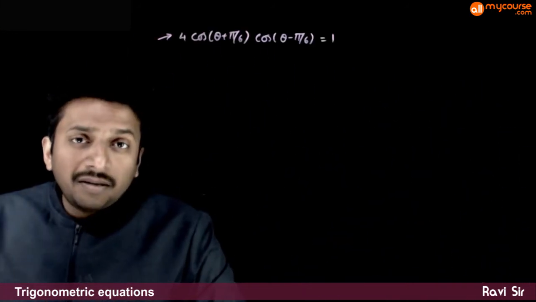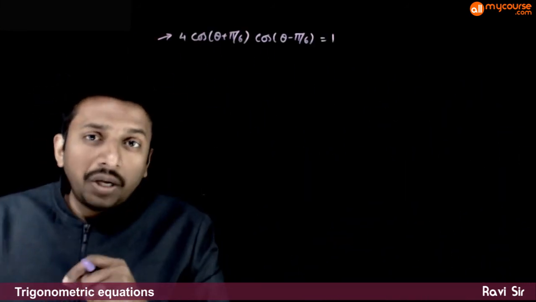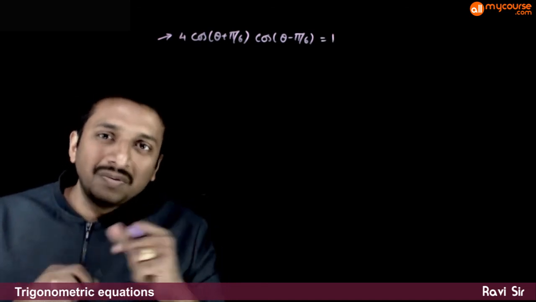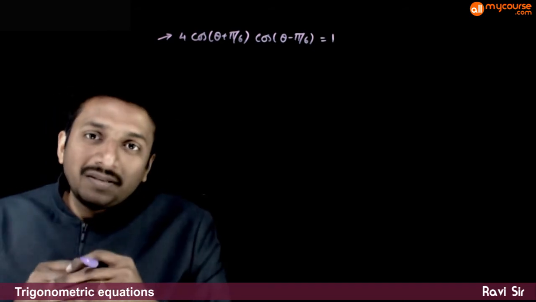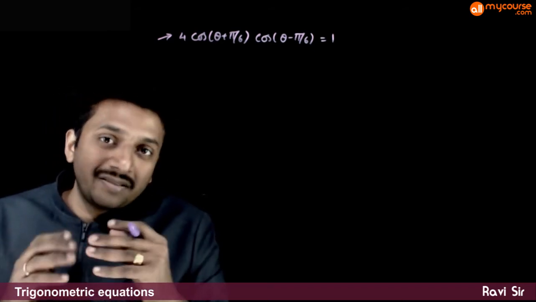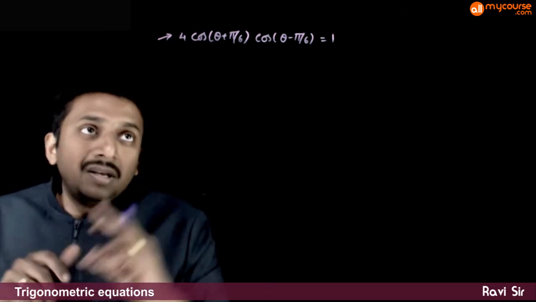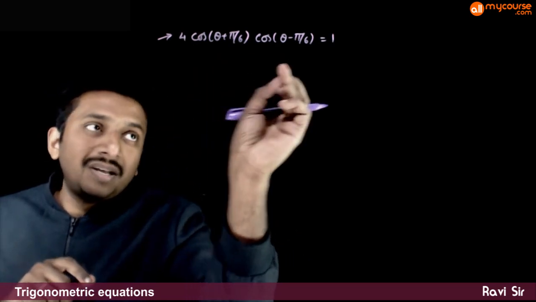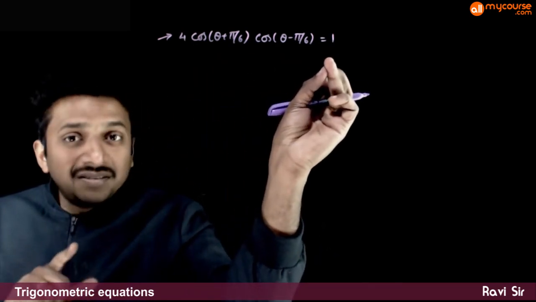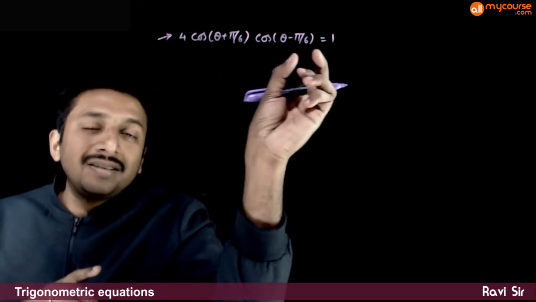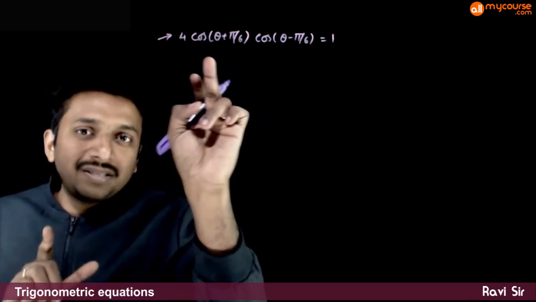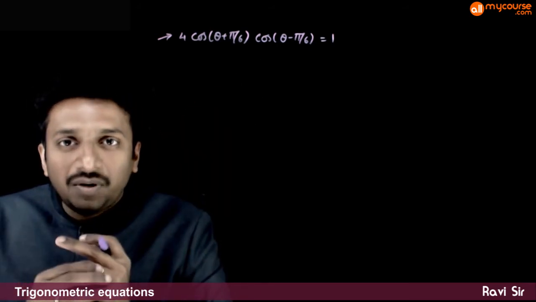So let us look at this type of question where you need to convert products to sums. You're given the question 4 cos(theta plus pi by 6) into cos(theta minus pi by 6) is equal to 1. Whenever you have a product, if the right hand side is 0, that would be very nice, because if the product of some things is equal to 0, either the first thing has to be 0 or the second thing has to be 0.